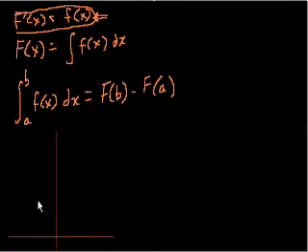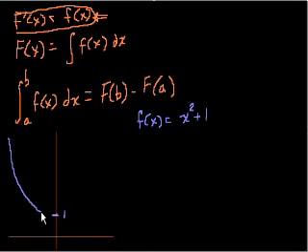And let's say that my f of x is equal to x squared plus 1. So f of x looks like this. This is 1. So it'll start at 1. It'll just be a parabola. Let me see how good I can draw this. I've done worse. Okay, so that's f of x. It's a parabola, y-intercept at 1.